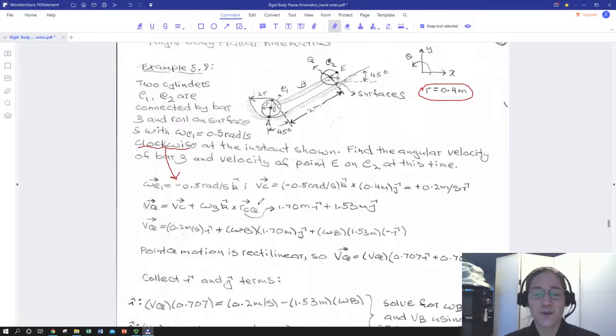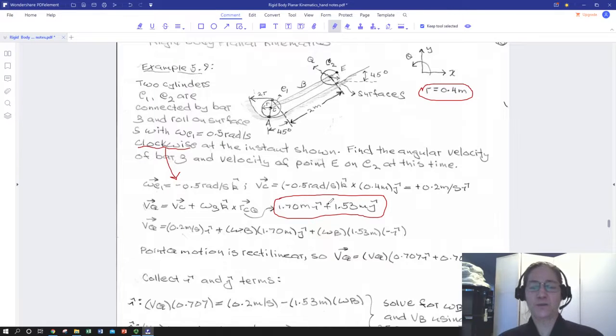And I can express this radius vector using the geometry of the problem, which, warning, is not simple. There's a lot of little distances to add up because of that curved surface, but it does add up to this vector going 1.7 meters in the i hat and 1.53 meters in the j hat. Radius between those two.